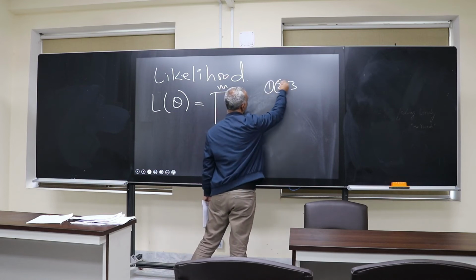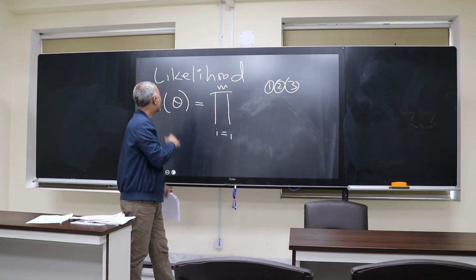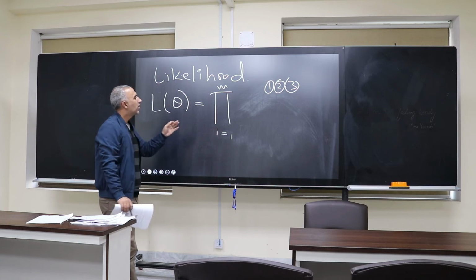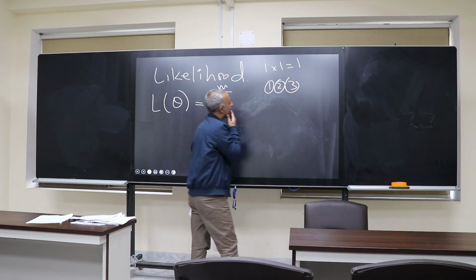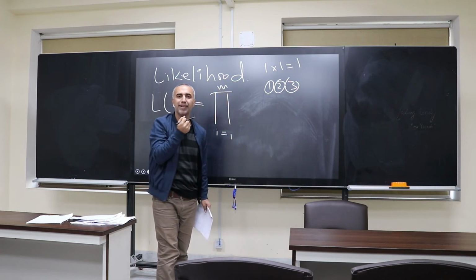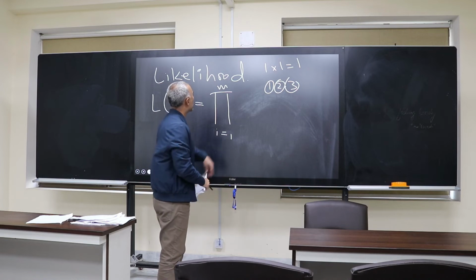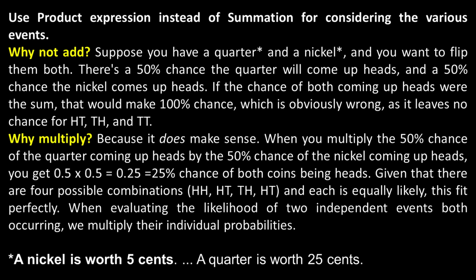All numbers are different, so we get the product of it. This is for getting the likelihood of how similar they are; if we multiply 1 into 1, it is exactly similar. We are getting the dot product. So you need to study the concept of dot product, and you will see why we use the product in likelihood.